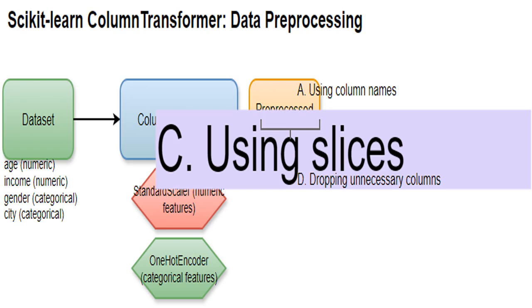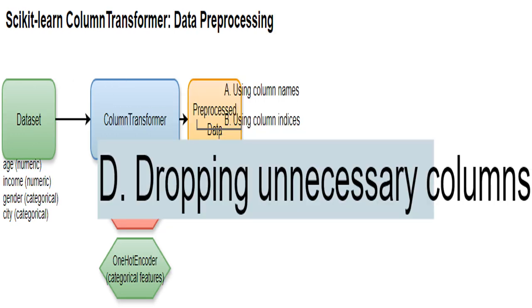I use slices to select contiguous ranges of columns. This is a compact way to select multiple columns. For example, slice 0, 2 selects columns with indices 0 and 1. I can explicitly drop irrelevant columns using the drop option. This is useful for cleaning up data before modeling. For example, I might remove a feature that is completely unrelated or is considered noisy.